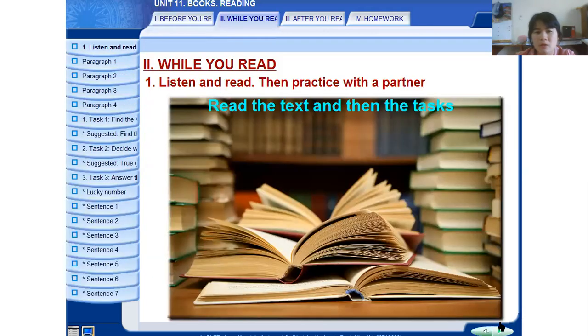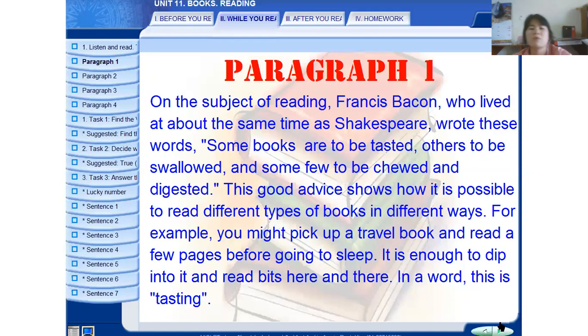Let's come to the reading text. Listen and read. First, practice with the text, then read the text and talk through it. Paragraph 1. The subject is Francis Bacon, who lived at about the same time as Shakespeare, wrote the words: Some books are to be tasted, others to be swallowed, and some few to be chewed and digested.